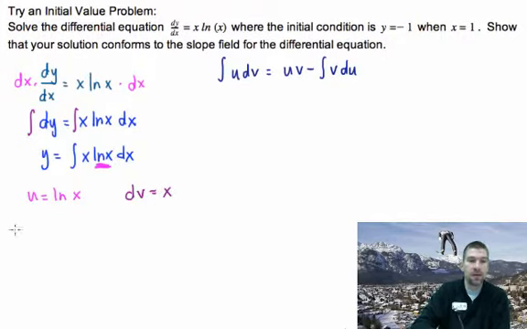All right, so here's your setup. Remember, we need u times v and v du. So we're going to take the derivative of both sides. du is equal to, and when you take the derivative of natural log, it's going to be 1 over x dx. Or another way that you might see this would be dx over x.